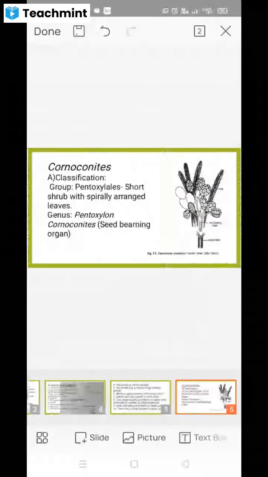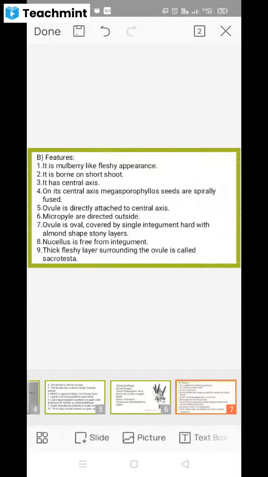Then the third fossil is Carnoconites. So Carnoconites is nothing but the seed bearing organ or female cone of the pentoxylon. It also looks like a mulberry, with a fleshy appearance. They are borne on the short shoot, that means the dwarf shoot. On the central axis the megasporophylls are spirally arranged, and the ovules are always attached to the central axis.